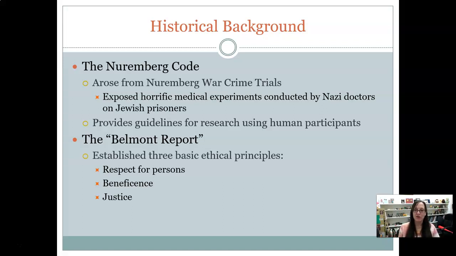And then there is justice, which is the third basic ethical principle. This is the idea that you want to distribute the benefits and risks of the research fairly. You want to make sure that no one group is benefiting more from the research than another.